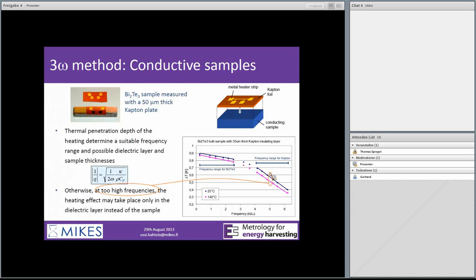If the frequency is very high, the thermal penetration depth is very small, and the heating takes place only in the Kapton film, and we effectively measure only the Kapton film. So we need to adjust the measurement frequency range so that we can be sure that we measure the sample instead of the Kapton film.